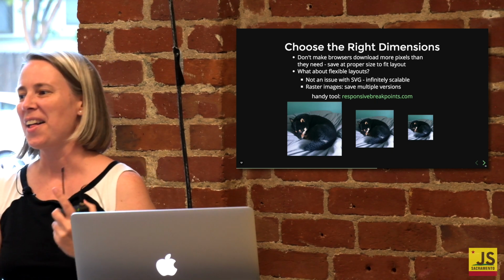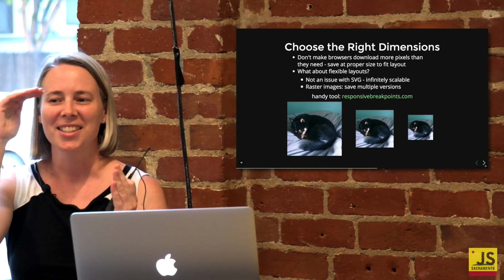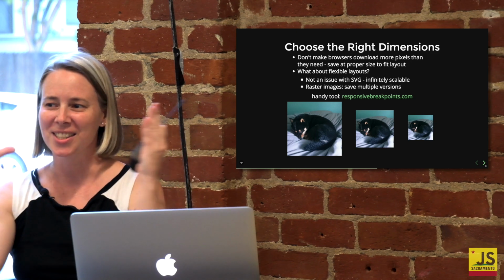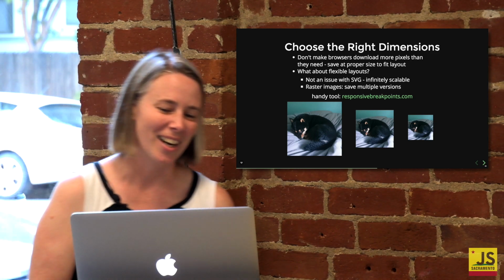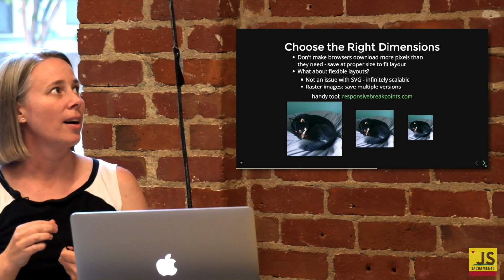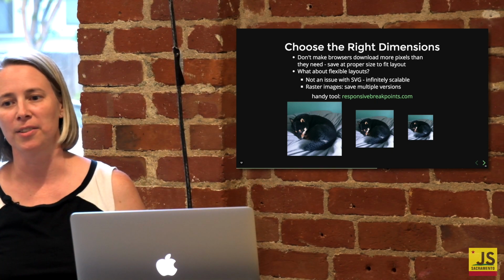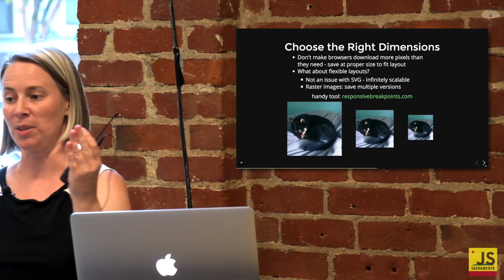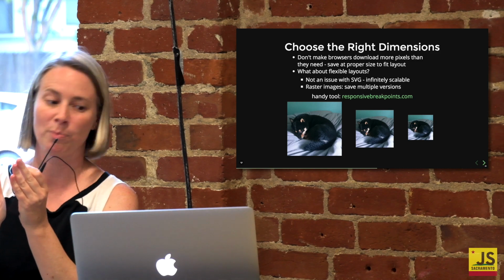If you see an image on a site that's like slowly chunking in, it's probably because it's a really big image that's been scaled down on the site. So if you have flexible layouts on your site, which usually on a responsive site you do, right? Sometimes that image is going to be this big, and sometimes that image is going to be this big.